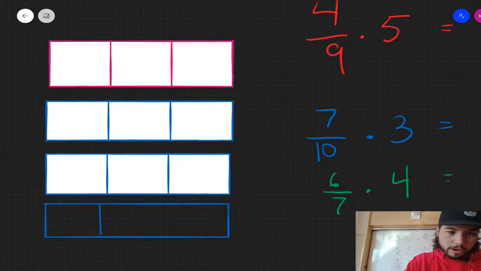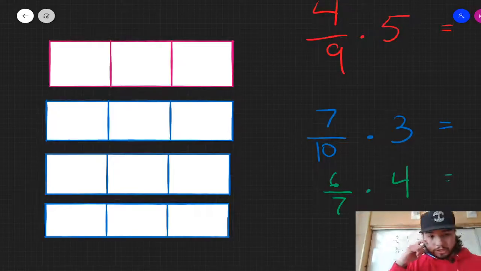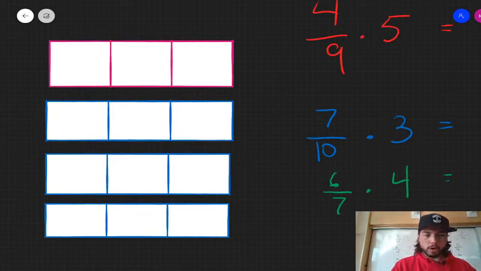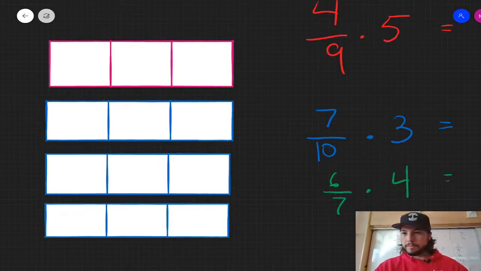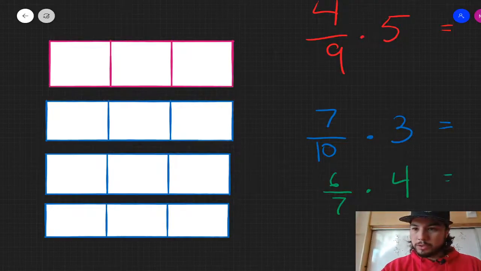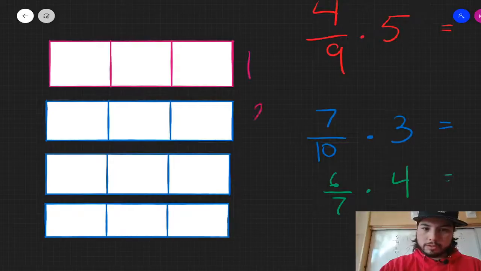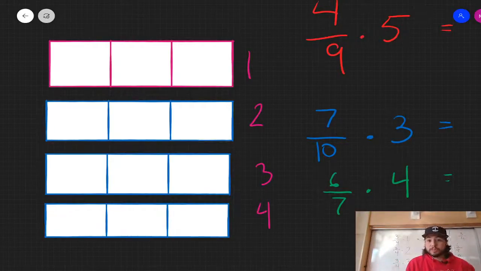So here we've drawn, pay no attention to the change in color, 4 full fraction bars. Okay? So we've got 1, 2, 3, 4. And each one is divided up into thirds.